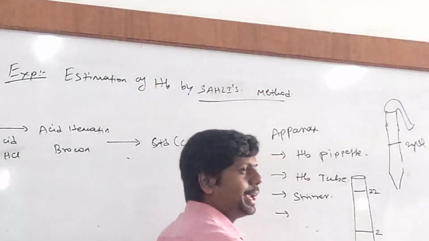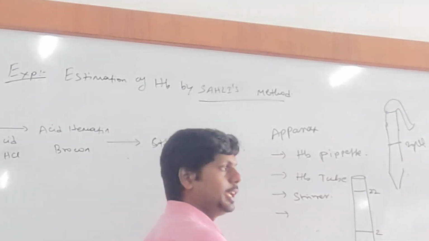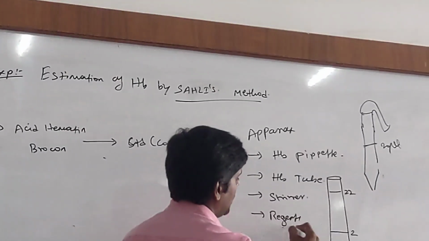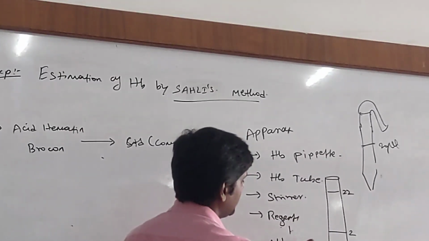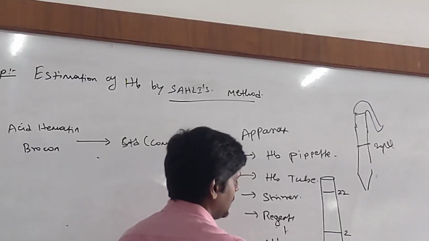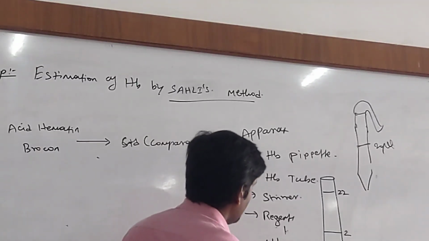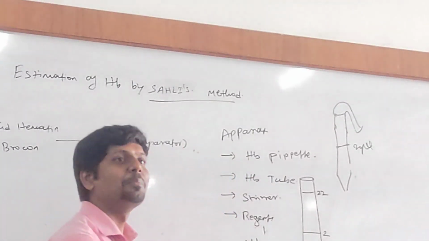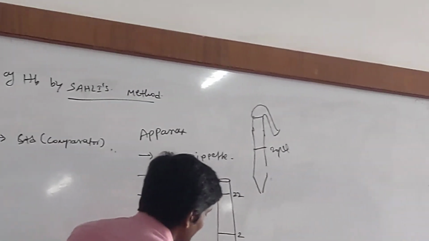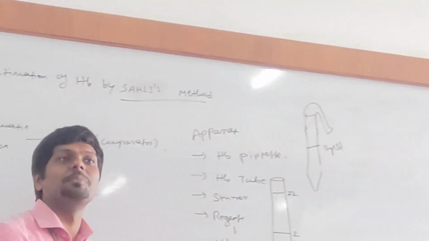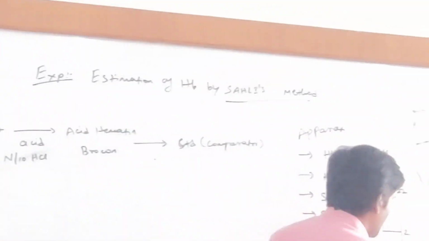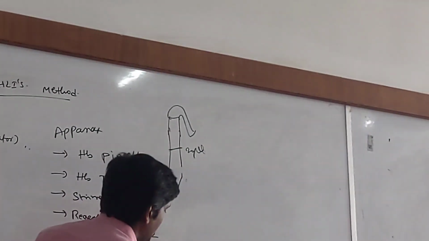And what else we need? Reagents. So reagents include N by 10 HCl, then distilled water. That's it. And a sample. What sample do you need? Urine? Blood sample. What type of blood sample? Peripheral blood or venous blood? Peripheral blood. Very good.